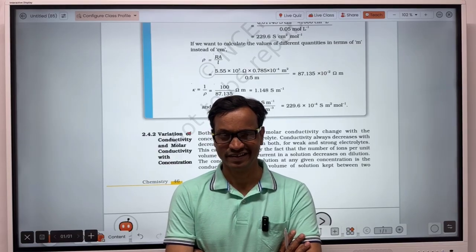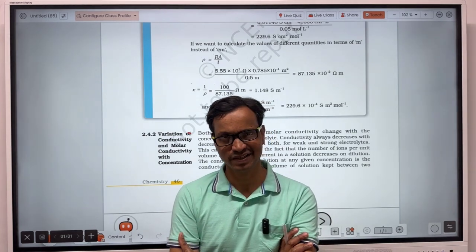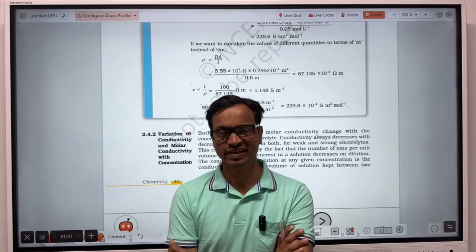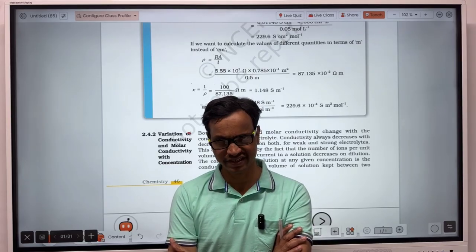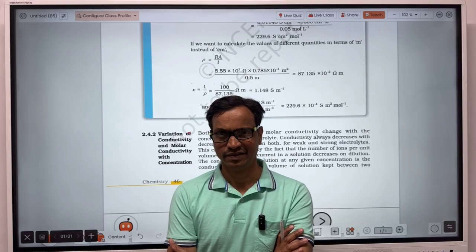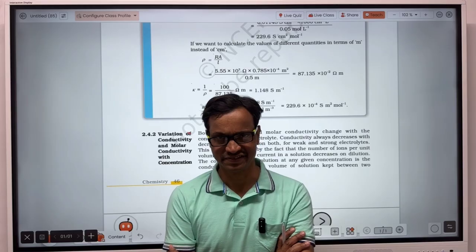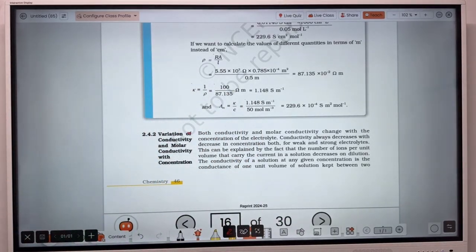So conductivity will decrease, because for the conductivity ions are responsible and the number of ions per unit volume will decrease. So on diluting the solution, the conductivity will decrease. So there is a direct relationship: conductivity is directly proportional to concentration.